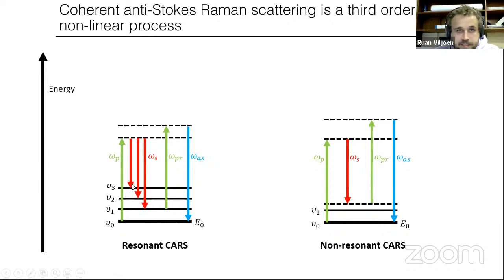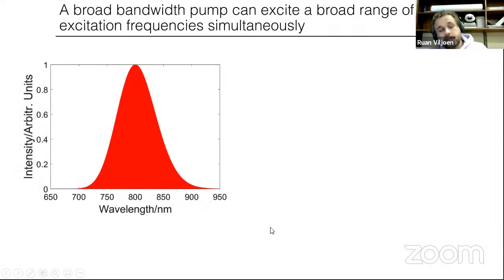So for single beam CARS, moving away from this classical picture, we want one laser beam that can cover a range of frequencies instead of looking at a single one at a time. So if you were to have this, I have a simulated broadband spectrum here of about 100 nanometers. If this was your excitation spectrum for one beam, we can calculate the probability of a particular transition to be excited.